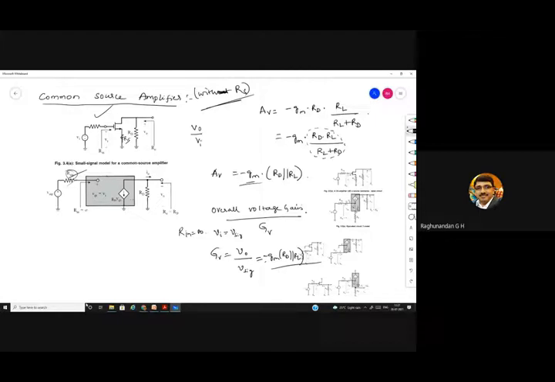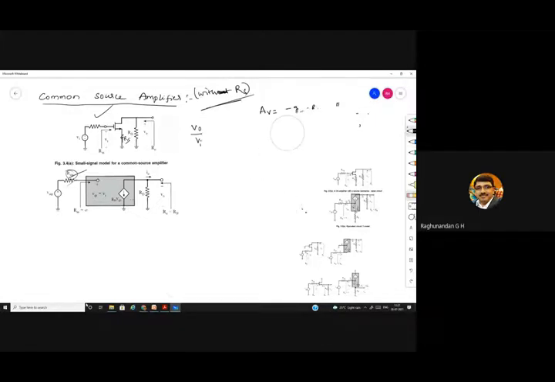Okay, so let us see how it is different from the common source amplifier without source resistance.